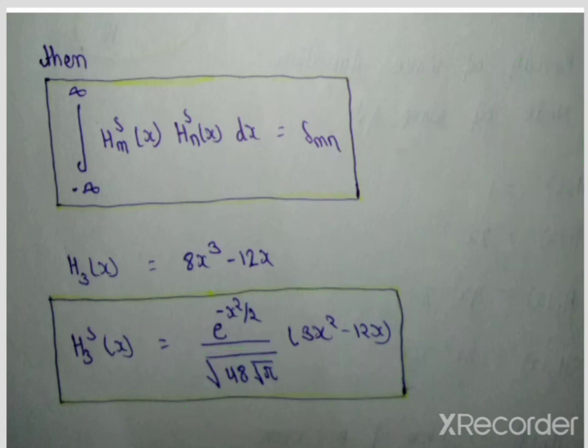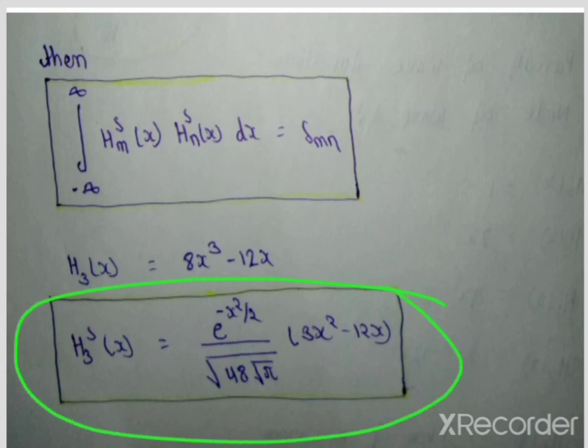So we get the result: the shifted H_3(x) is equal to e^(-x²/2) divided by √48 √π times (8x³ minus 12x). It is used in a simple way. Only use the result, then we easily get our solutions.